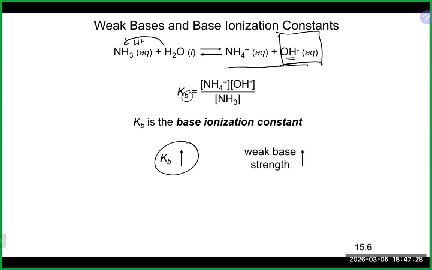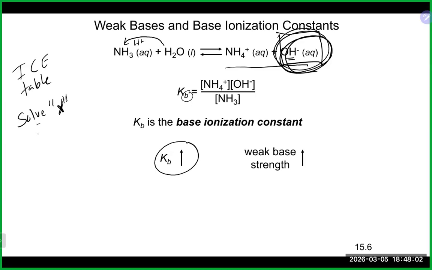How do we solve weak base problems? We do it the exact same way as we do weak acids, and we do ICE tables. Now, one of the biggest mistakes that people make is this: when I go through my normal ICE table and I solve for X, what does X equal in this case? It equals the hydroxide concentration, not the H plus concentration.